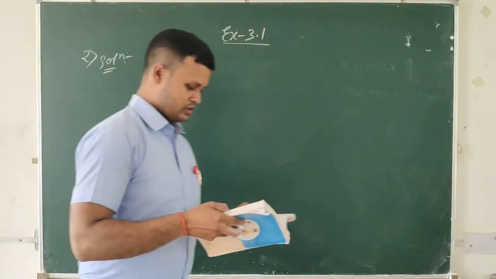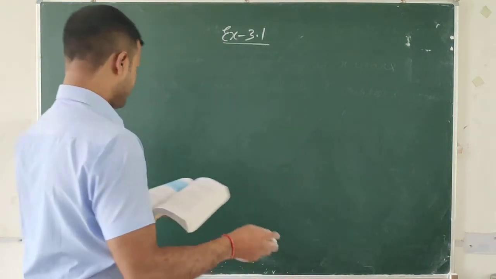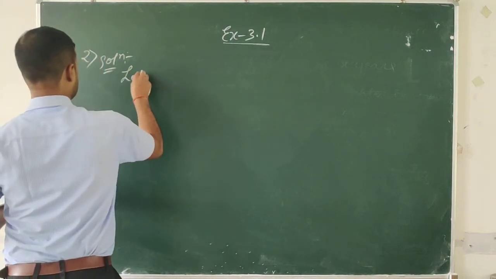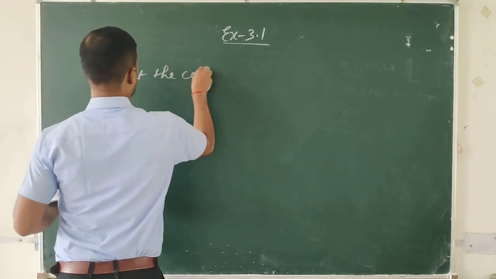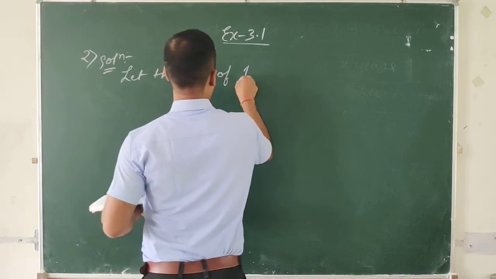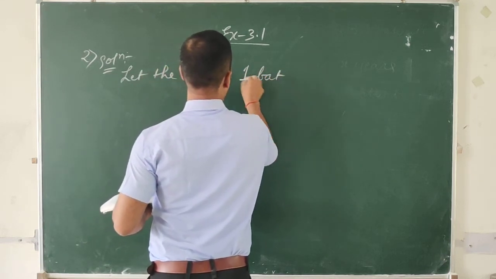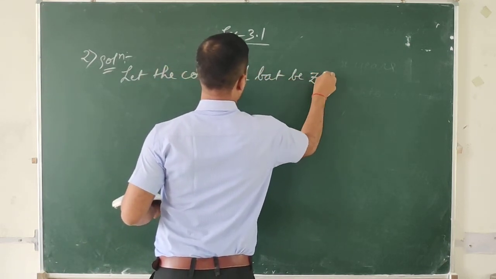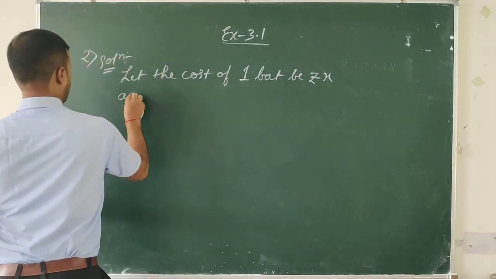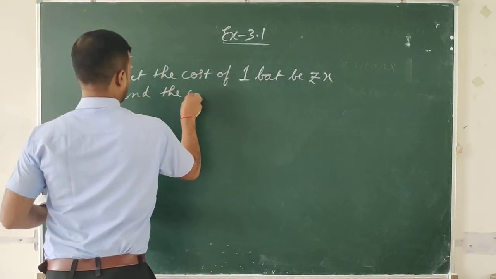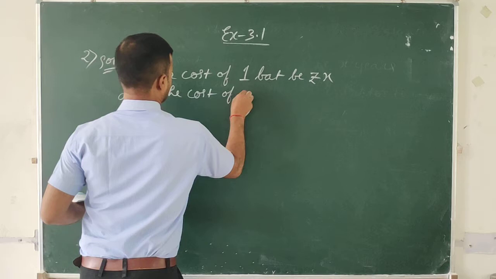Number 2, the coach of a cricket team buys 3 bats and 6 balls. Let the cost of one bat be rupees x.